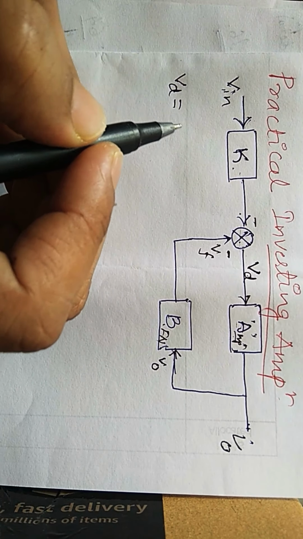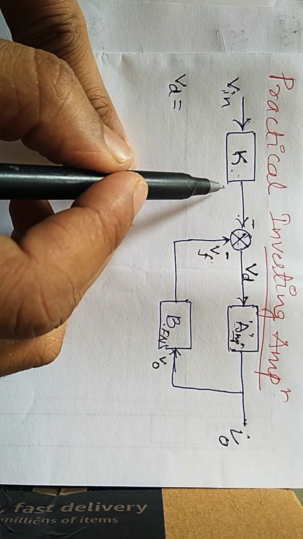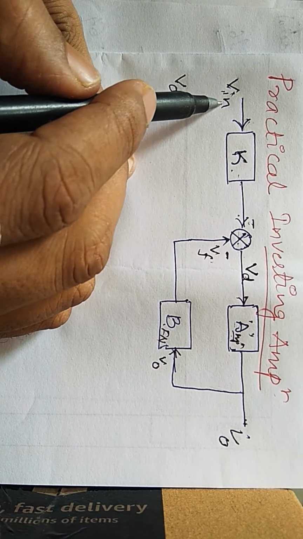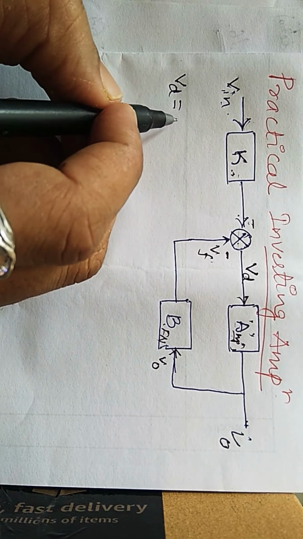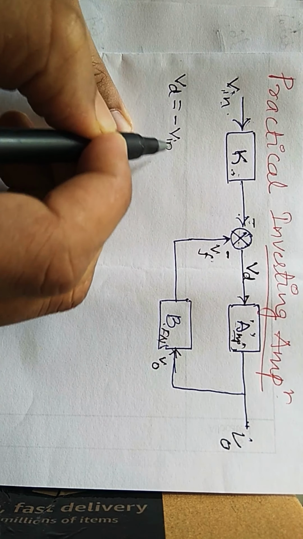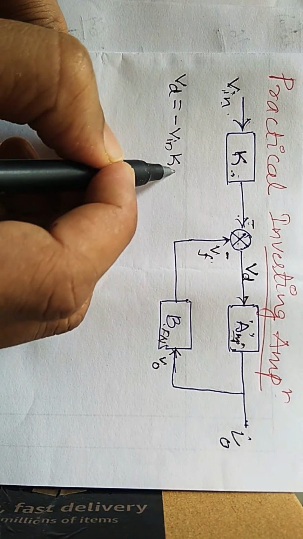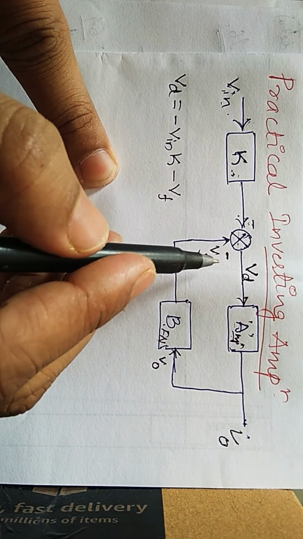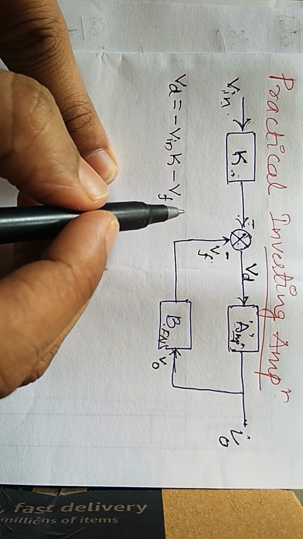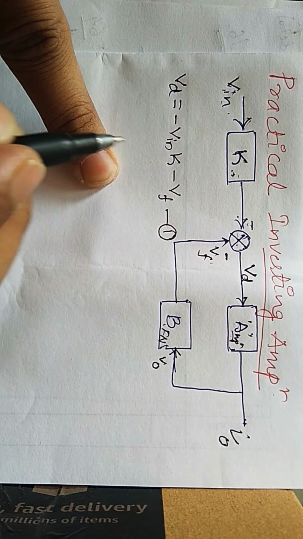VD equals minus V in into K, right? Minus V in into K, and next one is the minus VF. It depends upon the types of the feedback, the polarity will change. So it is treated as equation number 1.